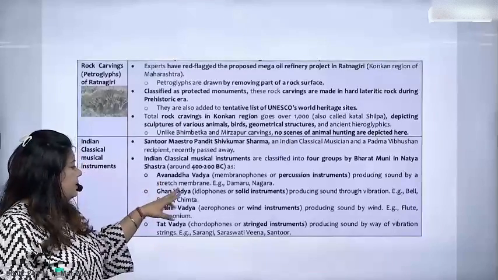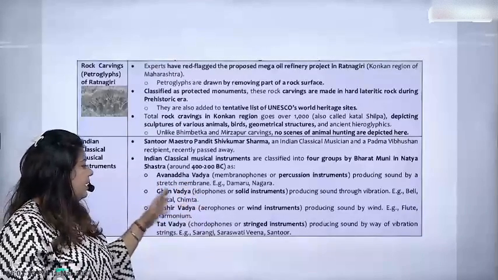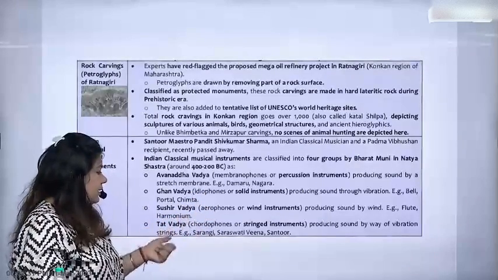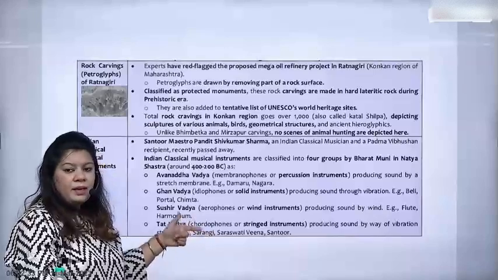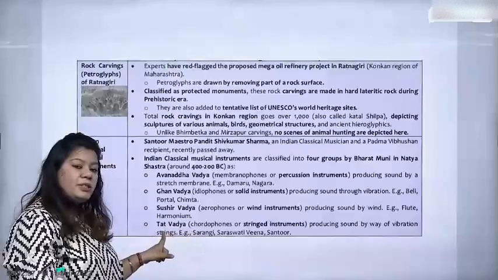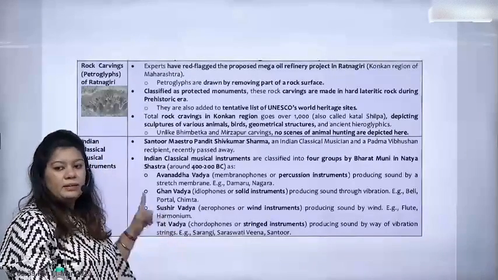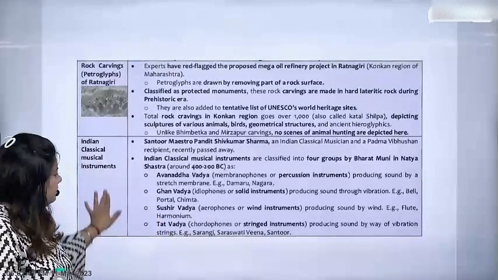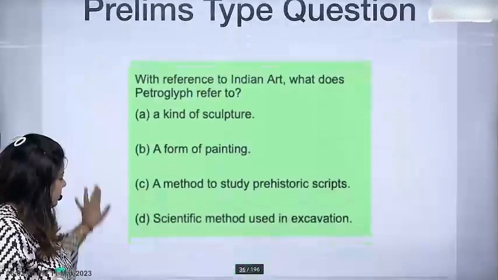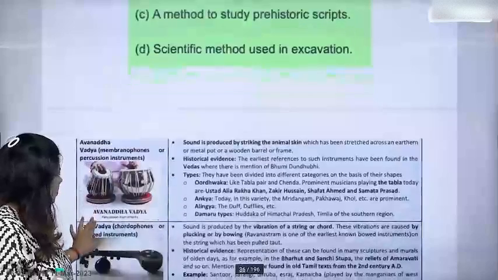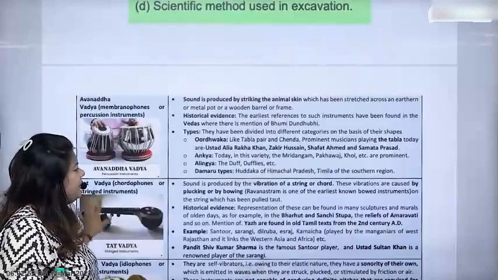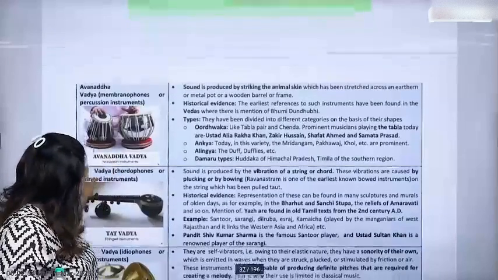So Avanad Vadya is percussion instruments, Ghan Vadya is solid instruments, Sushir Vadya is wind instruments, Tat Vadya are stringed instruments, and because of Santoor, you should know that Santoor is a stringed or Tat Vadya, right? I have just added extra information here, so you can go through it.